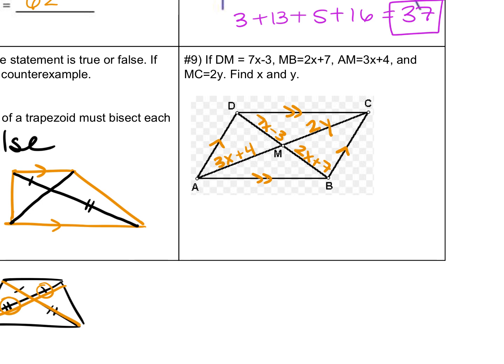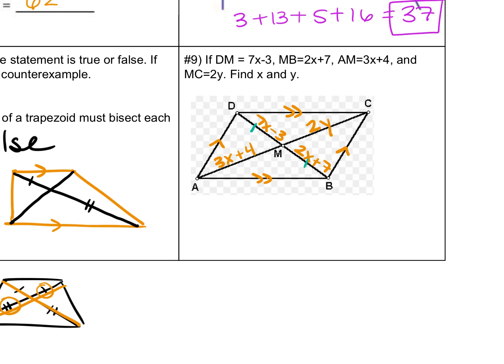What is true? That 7x minus 3 equals 2x plus 7. Right, and can I just tell you what a lot of you are going to be tempted to do? A lot of people on this problem tell me this equals that. What shape would this have to be for that to be true? A rectangle. This is not a rectangle, okay? So please don't set those parts equal.